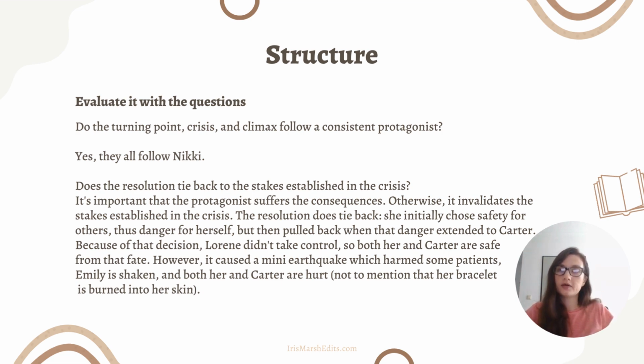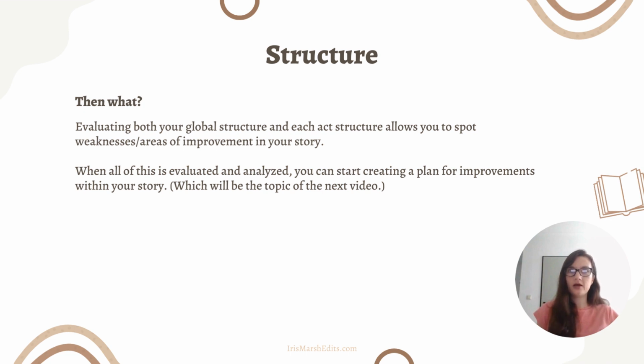And Emily is also very shaken and doesn't know what's going on, and both her and Carter are still hurt, except it's more a physical hurt rather than the mental, psychological type of danger that they would be in if Doreen had taken control. And not to mention that her bracelet's now burned into her skin. So definitely consequences there. So I hope that gave you some idea of how you can evaluate your story structure.